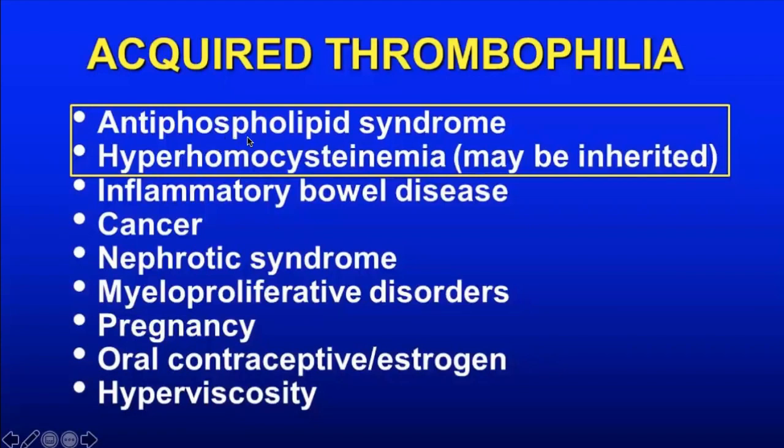The acquired thrombophilias are the antiphospholipid syndrome and hyperhomocysteinemia. The common ones, we should not forget inflammatory bowel disease, very important, and cancer, nephrotic syndrome, myeloproliferative disorder, pregnancy, oral contraceptive pills, or hyperviscosity. All those can cause thrombophilia.